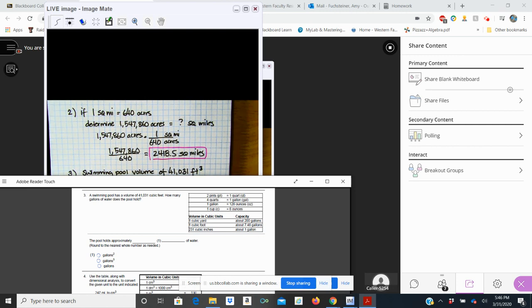And then it says how many gallons does the pool hold?